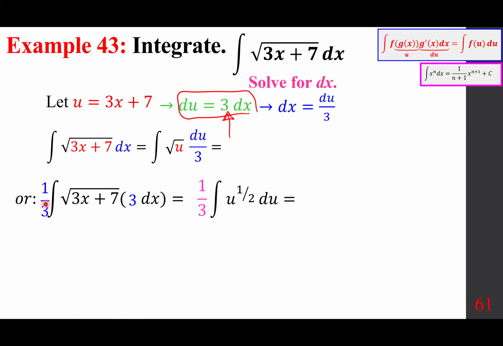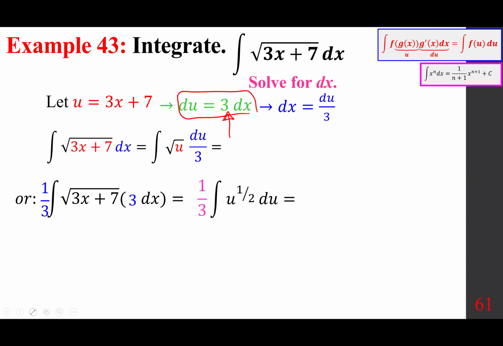This is what I do. So please understand, this is square root of u, and this is du. So that's the same thing here with the 1/3 in front. I think it's a lot easier to go this route. In this case, maybe not much of a difference.